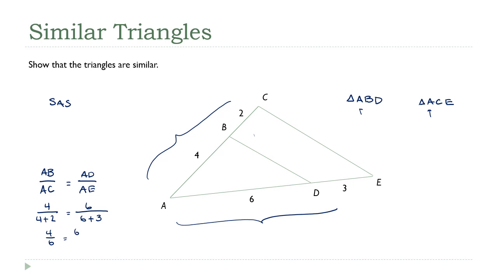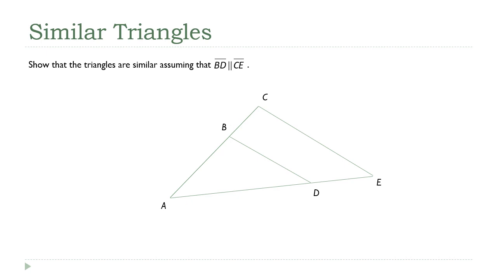This other side, 6 over 9. And both of these reduce to 2/3. And that's what I wanted to see. Right? Those pairs of sides are in the same proportion. So by the side angle side similarity theorem, these two triangles are similar.